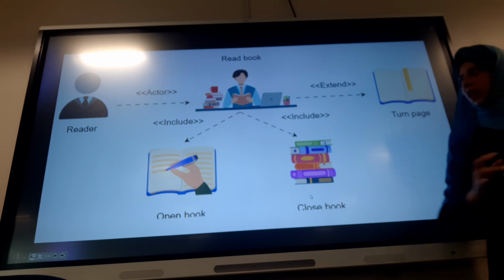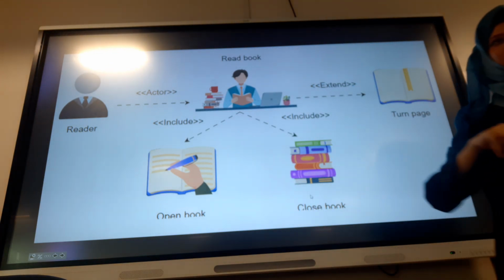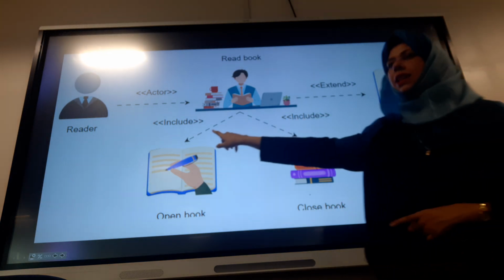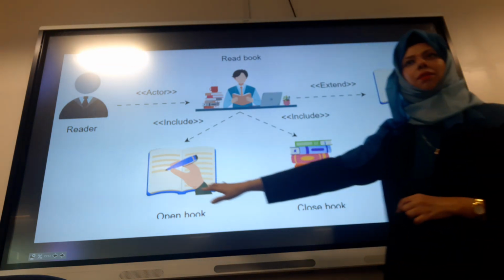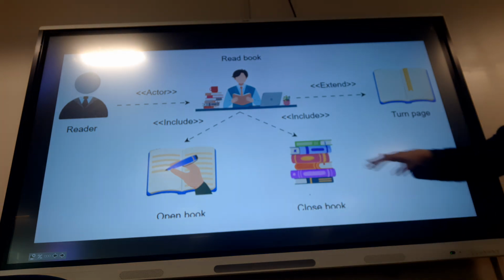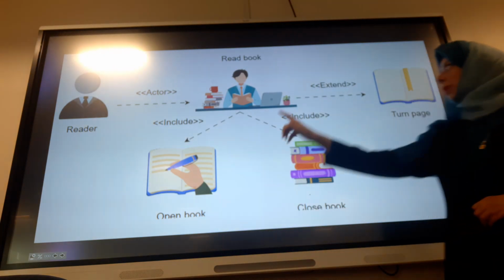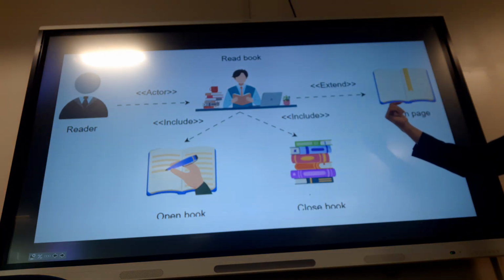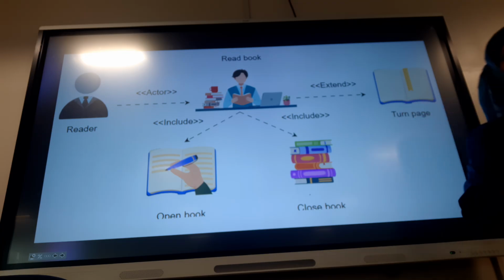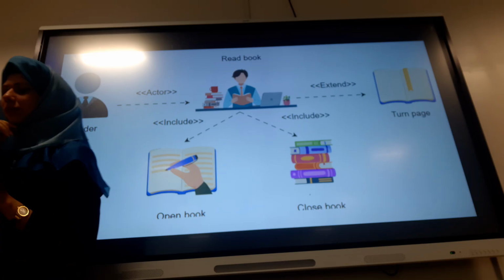So here, you might need to differentiate between include and extend. Include means it's mandatory. It has to be done, okay? So every time you call this feature, it's simply calling these two other use cases. But this one might simply be an extension, so it happens or not. Let's give a software-related example.